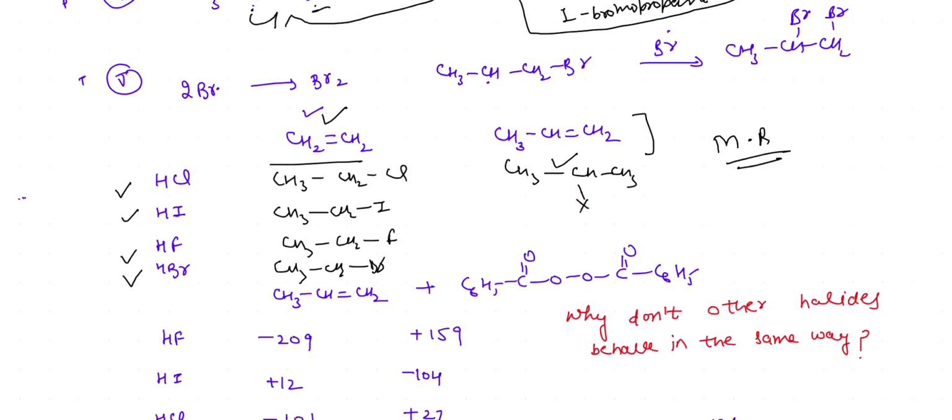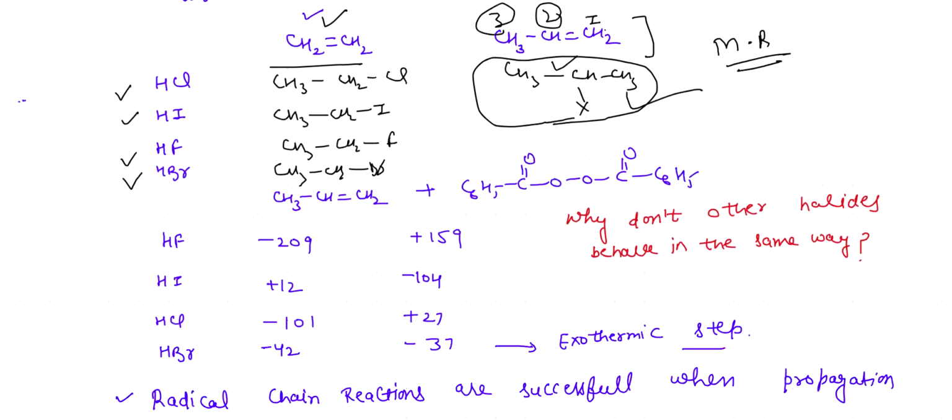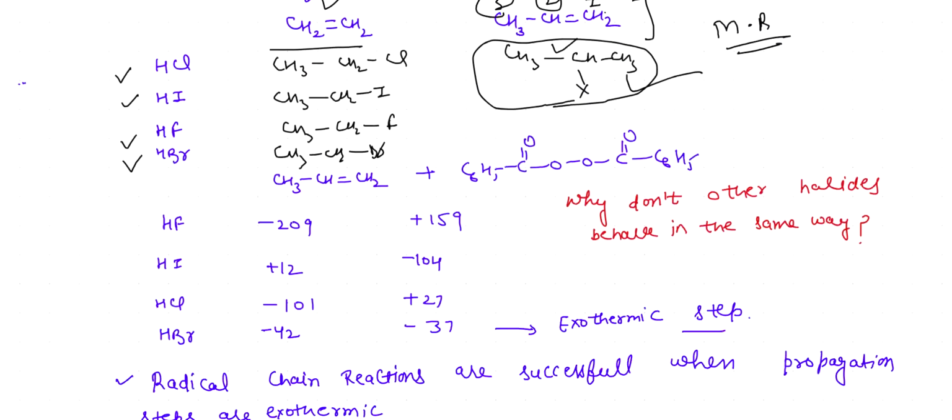The halogen will be substituted at the second carbon. This is your carbon number 1, 2, and 3. You will get this product. So if you are using benzoyl peroxide in the reaction and the alkene is unsymmetrical, this is possible in the case of only HBr. Why HBr? I will discuss it later.